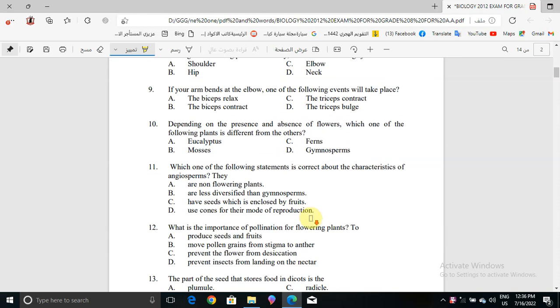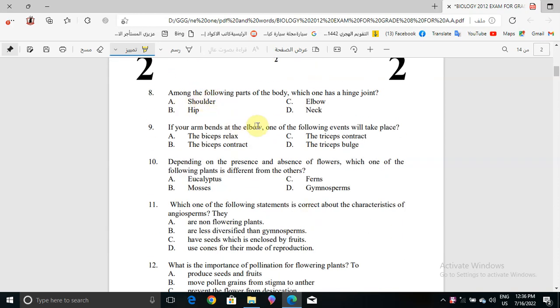Now question number 8, among the following parts of the body, which one has a hinge joint? It will be elbow, right? We have here shoulder, hip, elbow, and neck. So the correct answer for question number 8 is elbow.